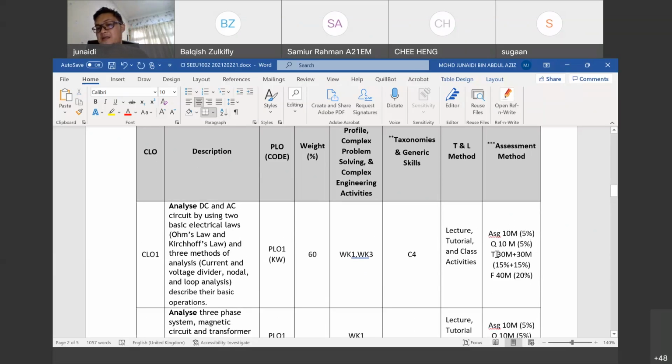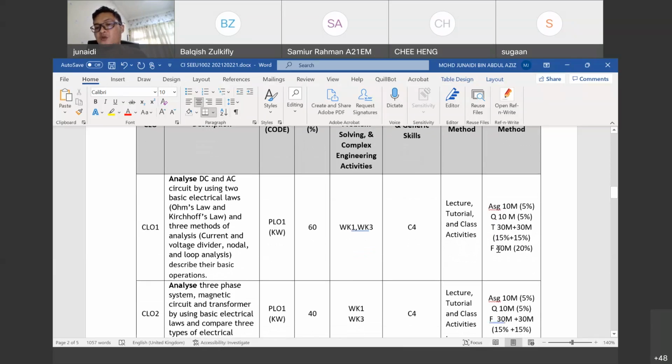Then we have 2 tests, test 1 and test 2, which is equivalent to 30%, 15 plus 15. And then the final exam, 40 marks goes to CLO1, which carries 20%. So altogether 60% for CLO1. The 60 comes from 5 plus 5 plus 15 plus 15 plus 20.